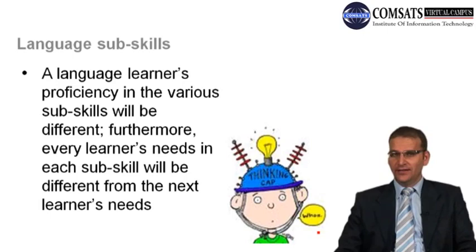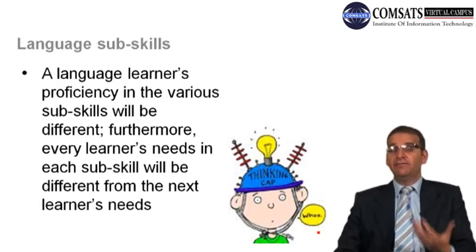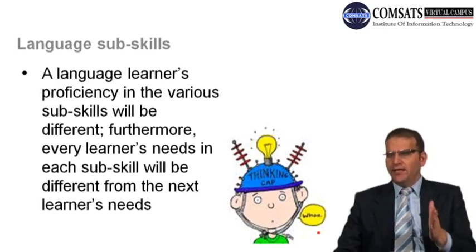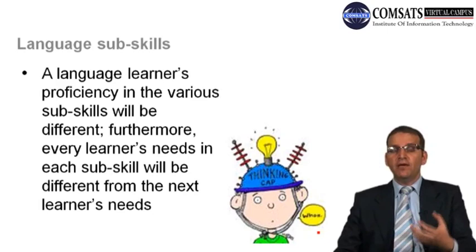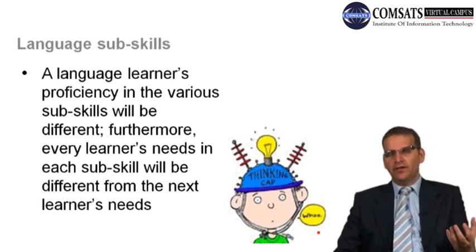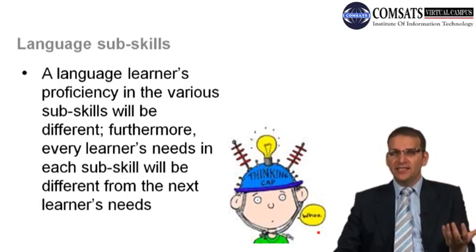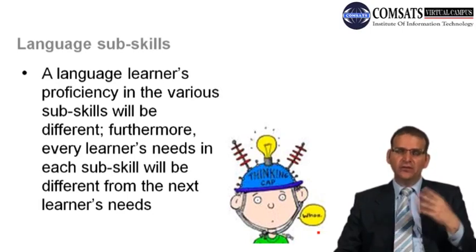I hope you understand, right? Learners' needs are different. Every learner has a different need. When you skim, maybe your need would be different. Ali's need would be different. Zia's needs would be different. When Zia skims, when Ali skims, when Azmat skims. So the needs of the learners are different from learner to learner, right?